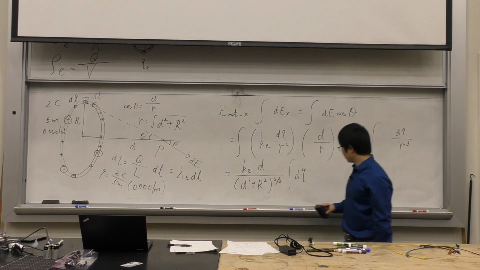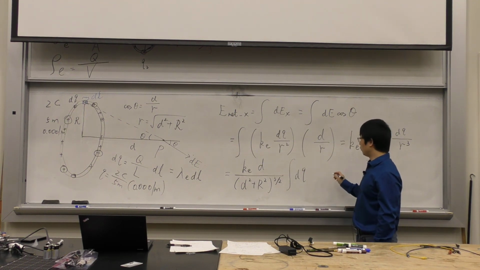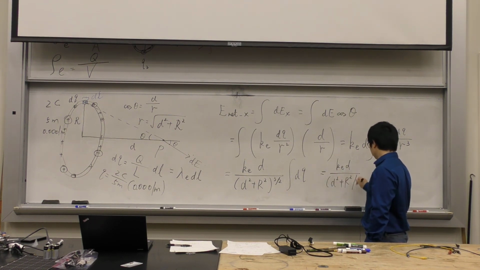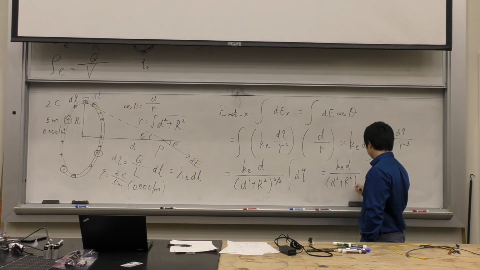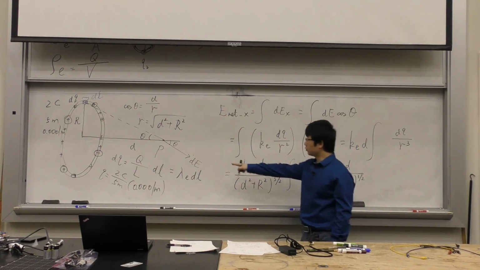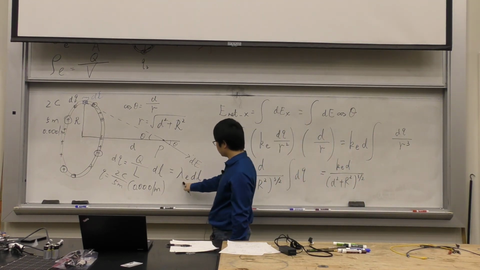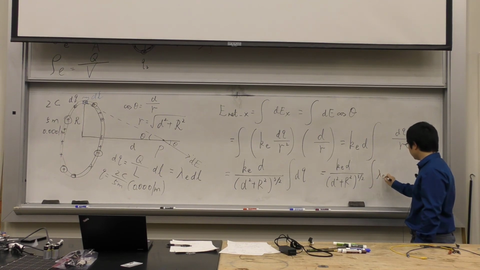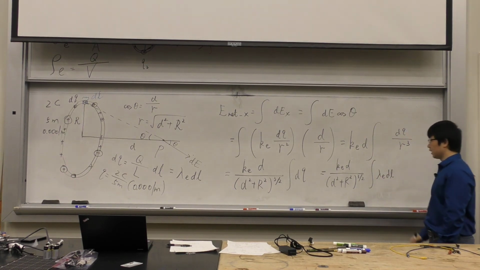All right, so now you see that what I'm going to get is this: Ke d over d squared plus r squared, and then 3/2. So dq equals that. So now you can even take out this lambda e. First you get lambda e dl, that's dq.